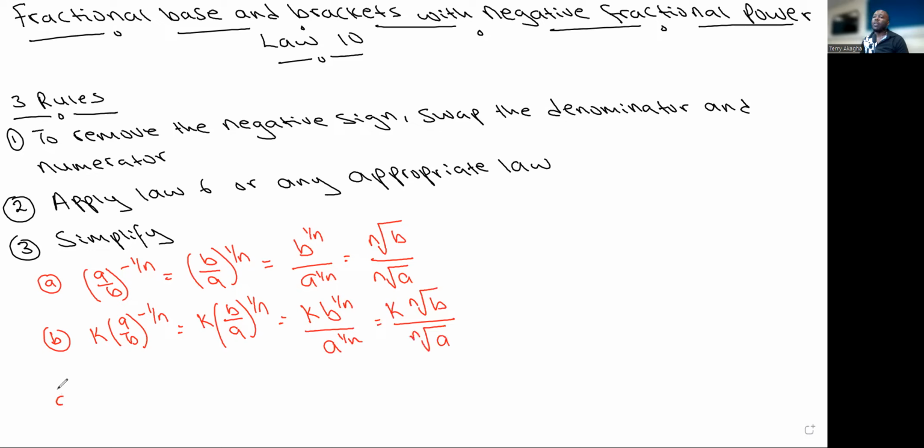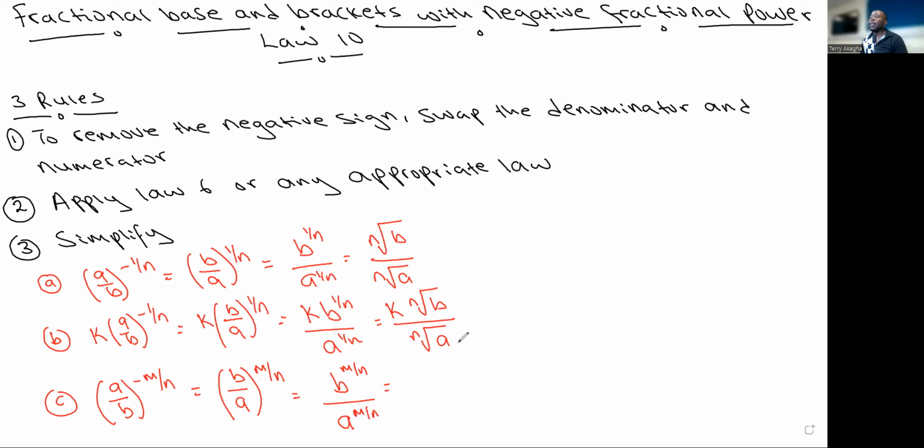If you are having m over n, so if, for instance, a over b to the minus m over n, it's going to be the same thing. In order to remove the minus sign, we flip it. So it's going to be b^(m/n) over a^(m/n).